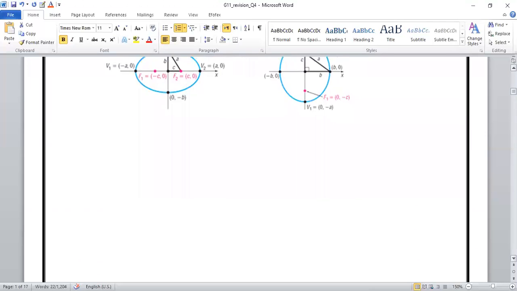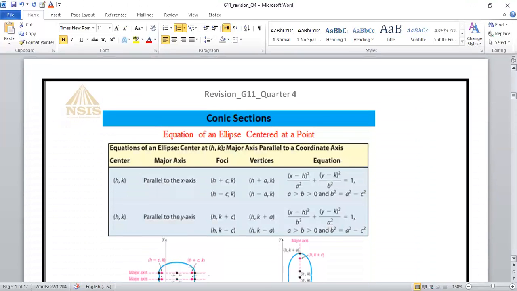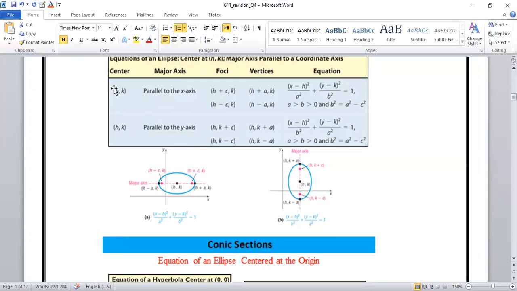But if we put the center at h comma k, first case, if the major axis is parallel to the x-axis, the focus is at h plus c, because the distance from the center to the focus equals c, so the point is h plus c comma k.